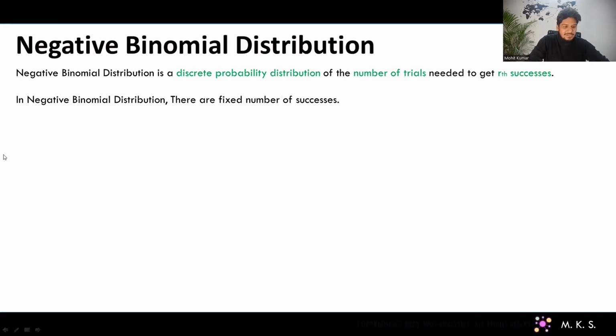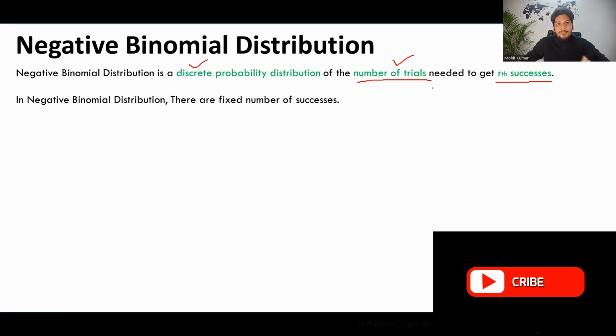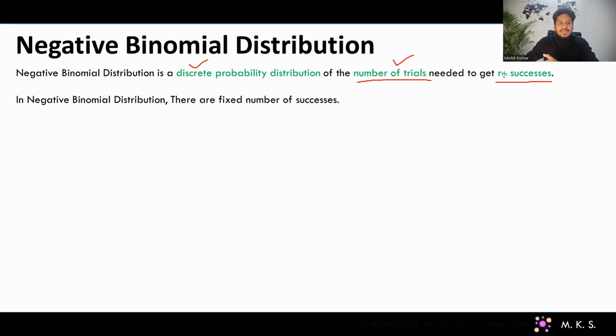Negative binomial distribution, as we already know, is a type of discrete probability distribution. In this, we model the number of trials we need to get our successes. So these are the two important parts: number of trials, that's what we are modeling, and a fixed number of successes.